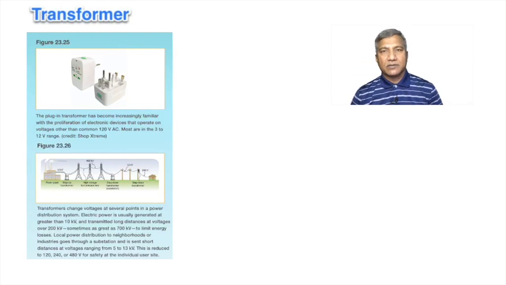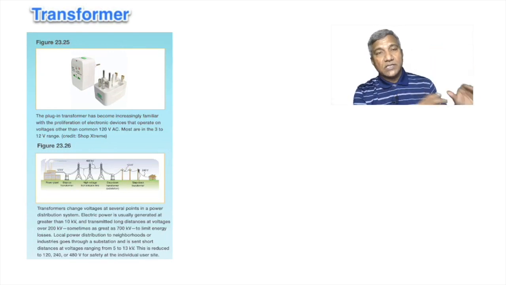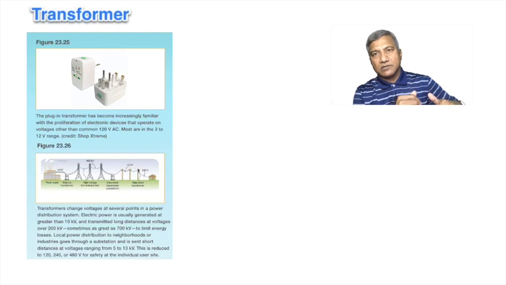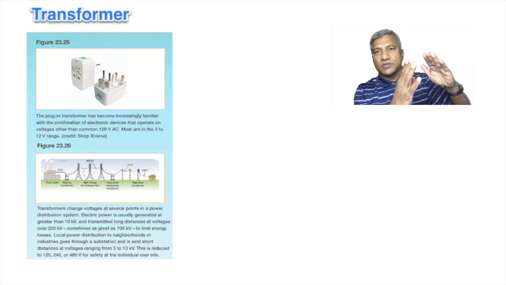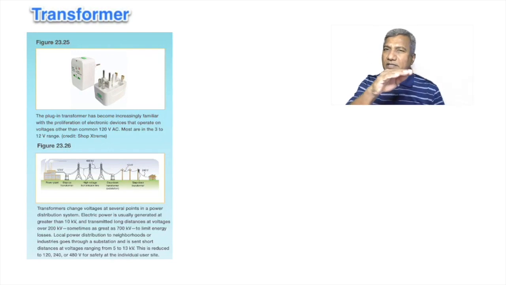So the current in long distance transmission cables has to be really small. How do we do that? We do that by using a step-up transformer. I know you're going to get confused. The step-up part means the voltage increases, but the current decreases. So a step-up transformer is used at the generating end, and then the current at a very high voltage but low current comes over those cables.